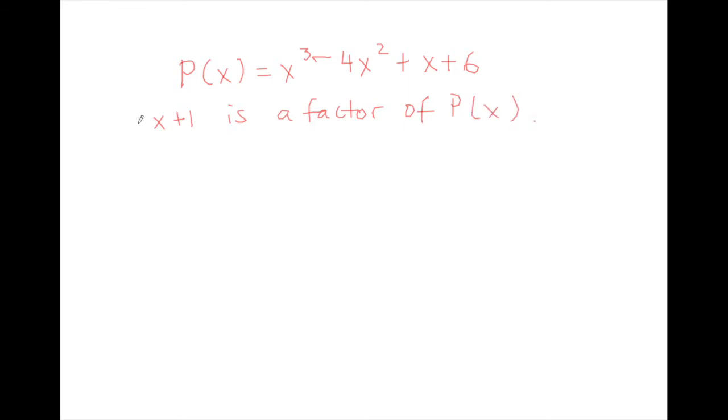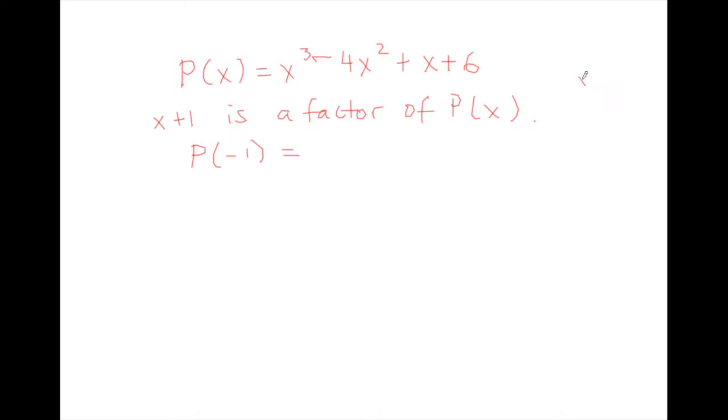Let us now look at p of x equal to x cubed minus 4x squared plus x plus 6. Let us try to now show that x plus 1 is a factor of p of x. Now, if I'm trying to show that x plus 1 is a factor of p of x, I need to plug in -1 for x and show that -1 makes the p-value equal to 0.